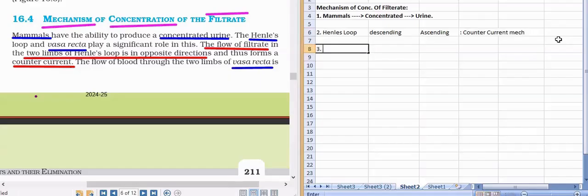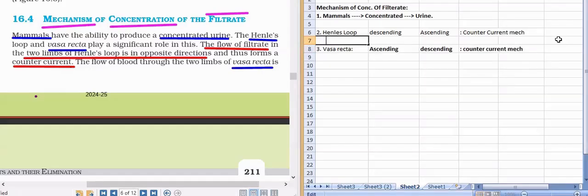The same way, third is the vasa recta. It also has an ascending and descending limb, so this is also showing the counter current mechanism. What is happening in Henle's loop?